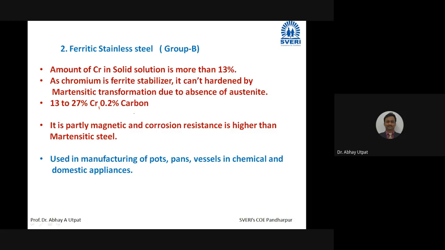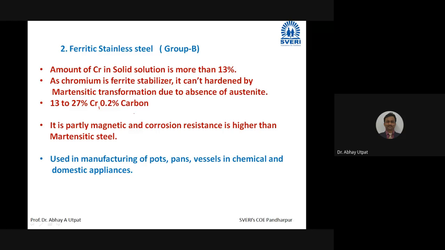Now, let me give one example. If you go to the market and purchase these pans, pots, you can ask your parents. The shopkeeper shows a magnet in his hand and tries to explain to us: see, it is not showing magnetic properties, it is good quality. He doesn't know the theory behind it. By thumb rule, he can say that non-magnetic means good quality.